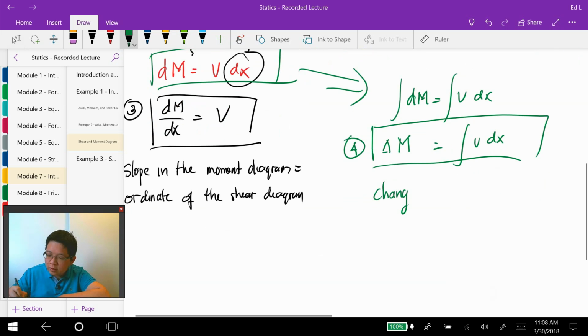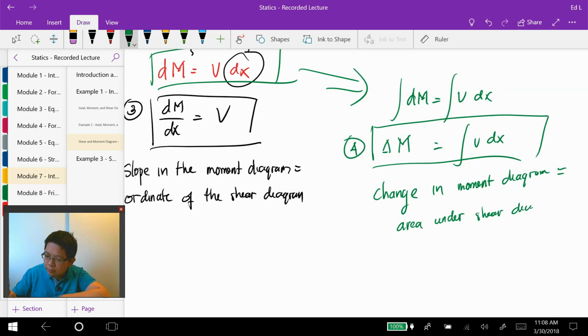In plain English, it says that the change in the moment diagram is equal to the area under the shear diagram.